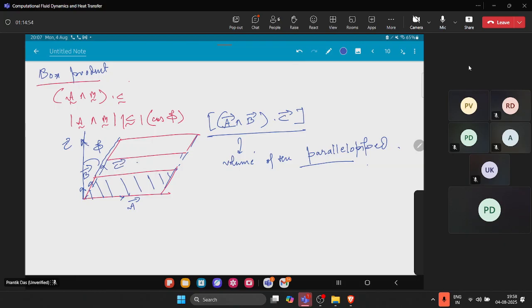Okay. And this one is the angle phi itself, and this is basically A cross B, which is perpendicular to both A and B vector. So by A cross B, you are finding out the area of the base itself, this region.